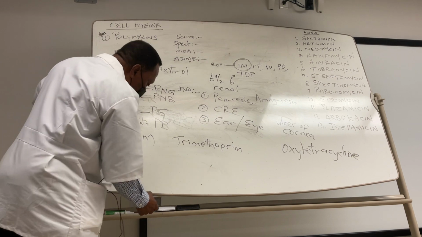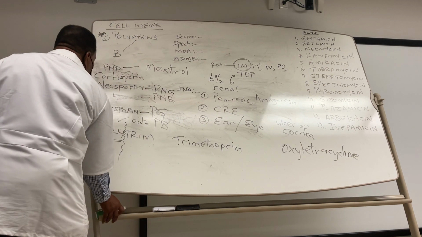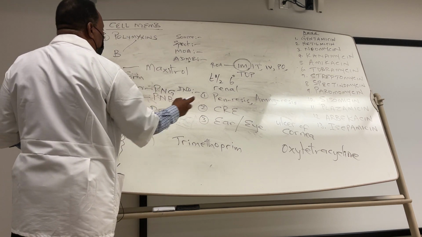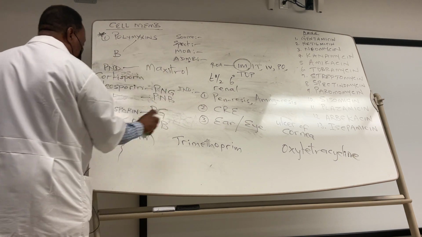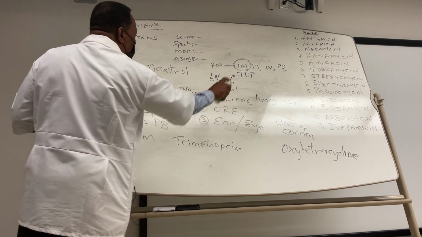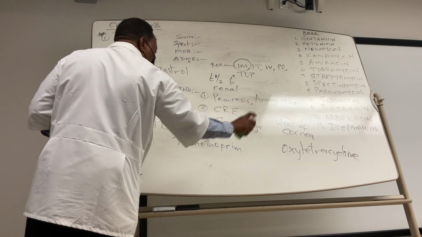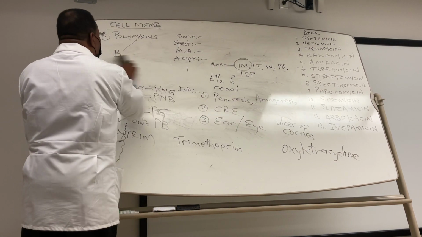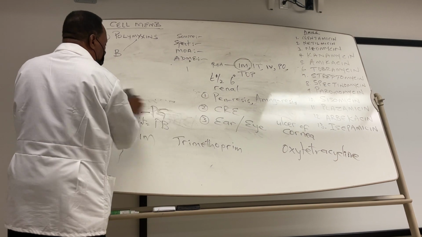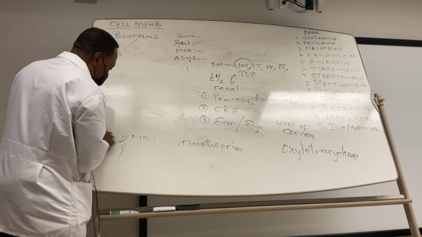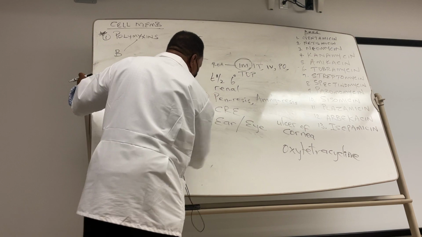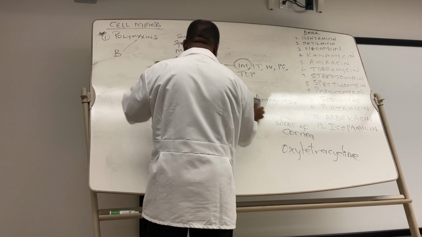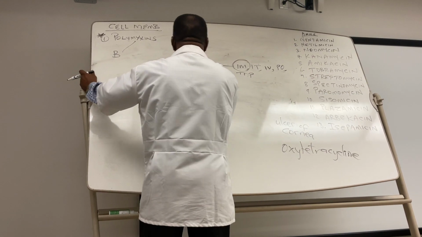In terms of the adverse effects that we can get with that drug, you have just two major adverse effects that you have to be concerned with when you are using your Aerosporin.